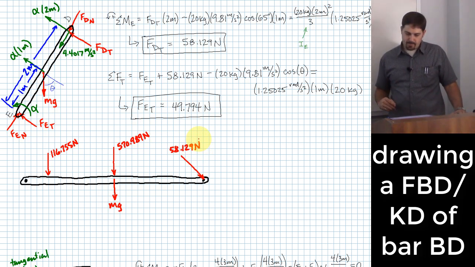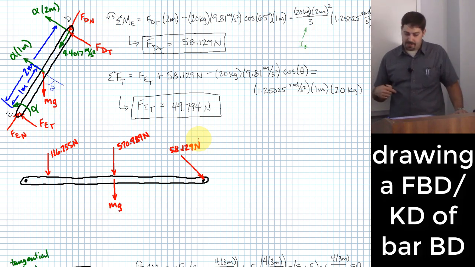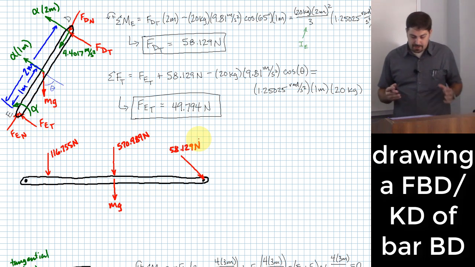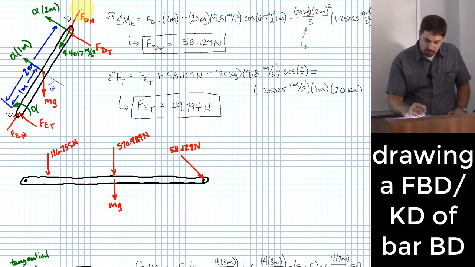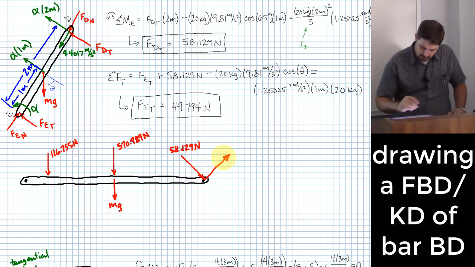What about FDN? I don't have that one solved yet. I don't even know what the value is, but I know that if I have an FDN applied to D on my last free body diagram, I better have it on this one as well, because it's coming from this link BD. So if it points downward to the left here, it better point up and to the right here. And I'll just name that FDN.